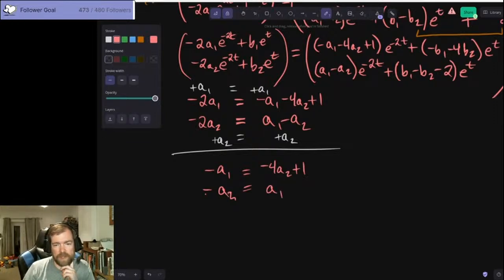So A1 and A2 are opposites, which means we can plug it in here. So negative A1 is equal to a positive 4A1 plus 1.